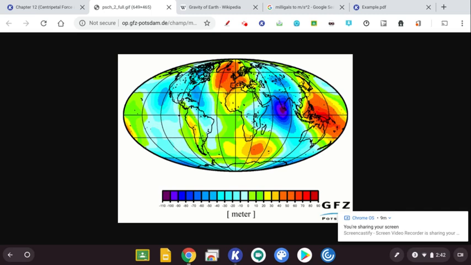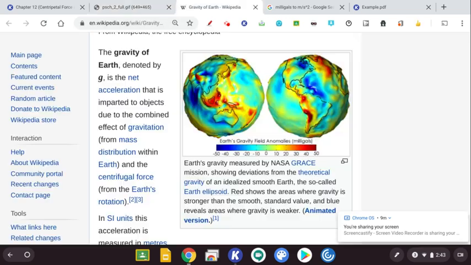But we're looking at Europe and Africa having some high gravities there. But when we go over to this other map, this is on Wikipedia, we can see here specifically what's happening in the United States in that right picture. And we can see that out west, we are having a higher gravitational field out near the Rocky Mountain Range.